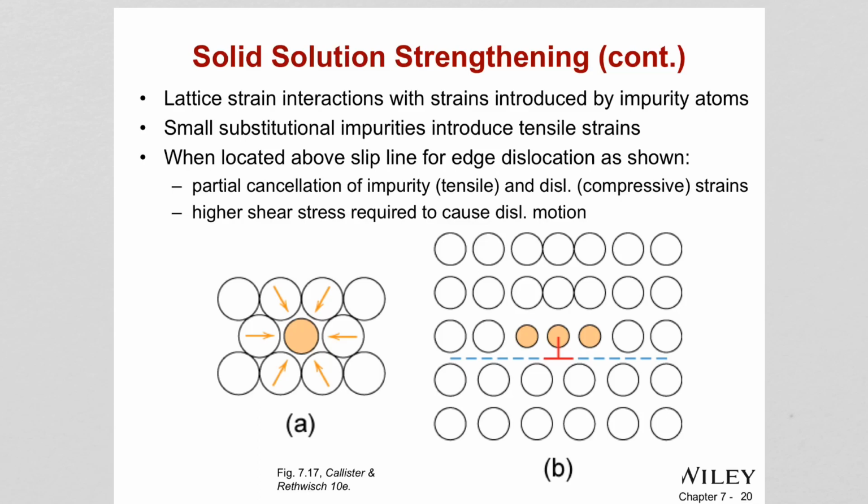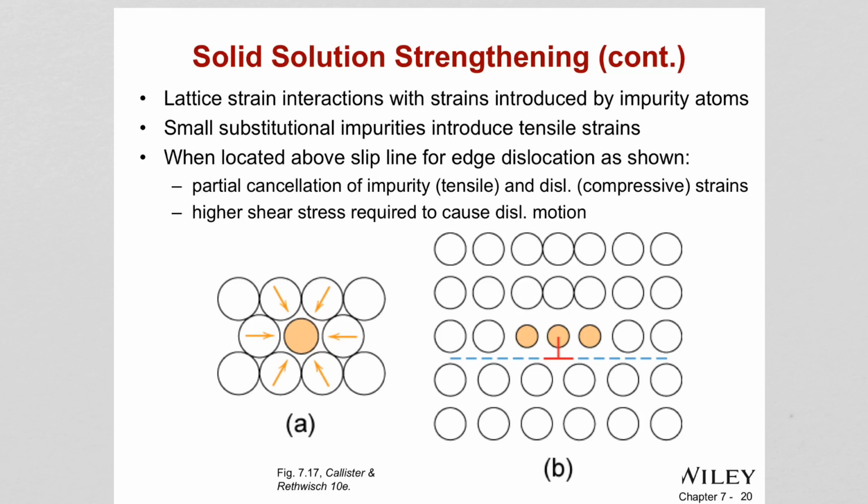Therefore, when you introduce small impurities like a solid solution, like we were putting nickel in copper, for example, right? When you actually add those impurities, what happens depends on whether they are smaller than the host atoms or bigger than the host atoms.